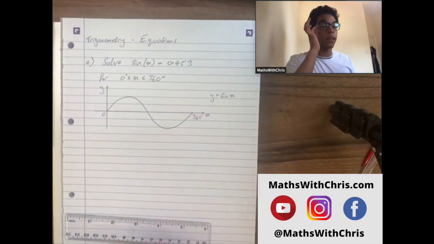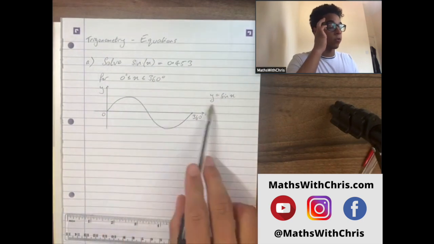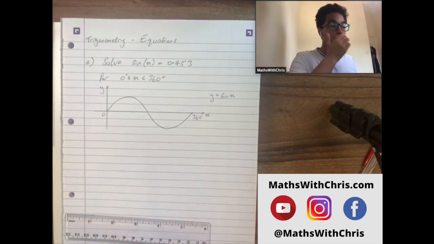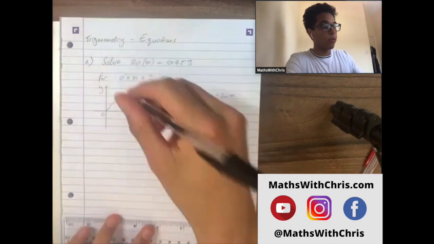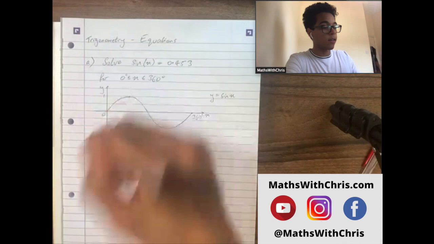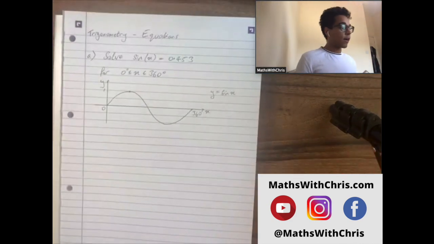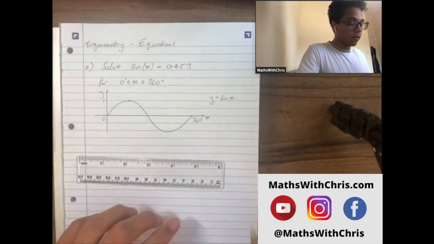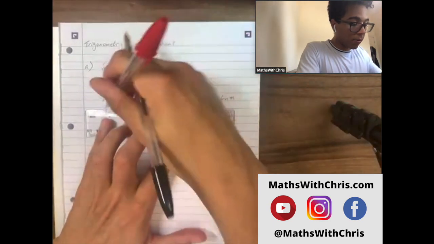And what we're saying is that this sine of x, which is just the y coordinate point, equals 0.45. So we know sine goes up to 1. So let's say that's here. So 0.45 is going to be about here.